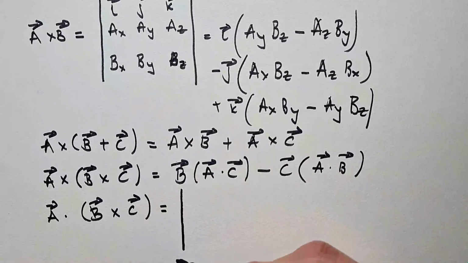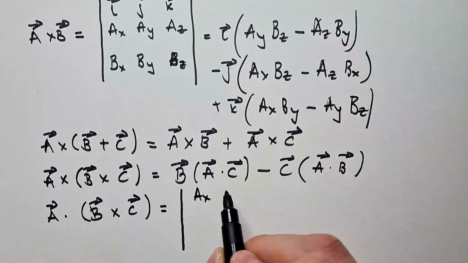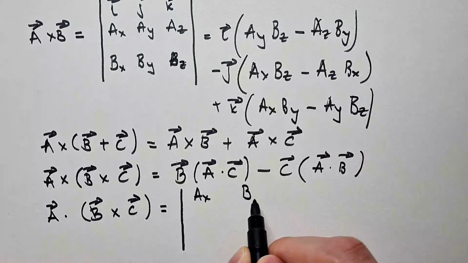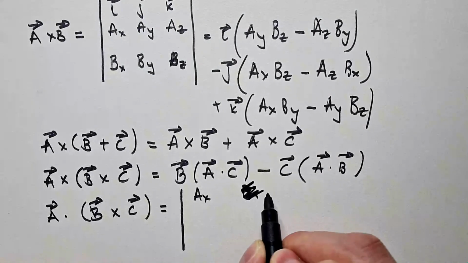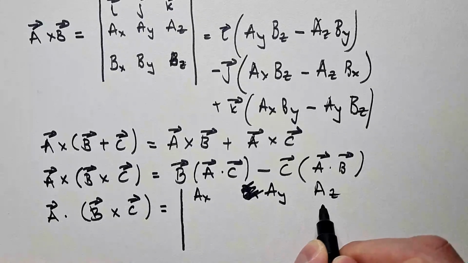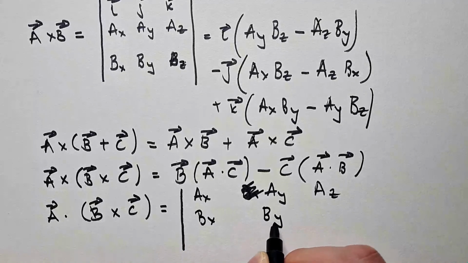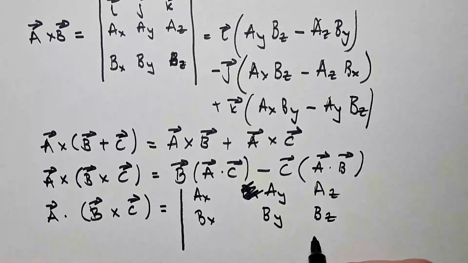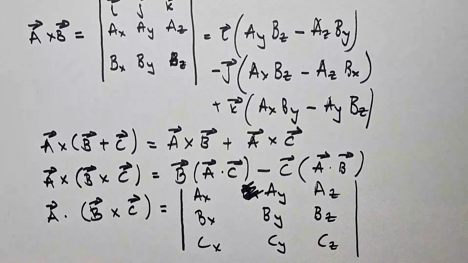And the way to calculate it is again using determinants. First row is AX, AY, AZ, components of A vector. Second row BX, BY, BZ, components of B vector. And CX, CY, CZ are in the third row.